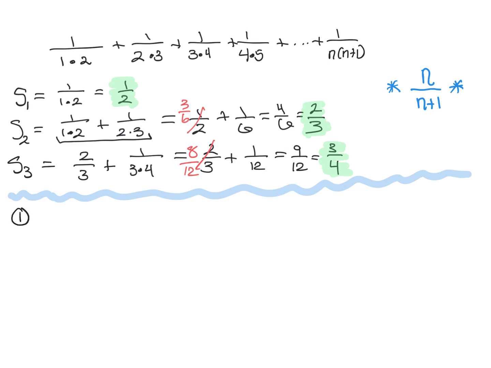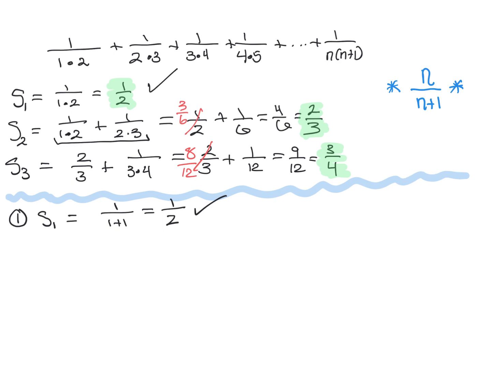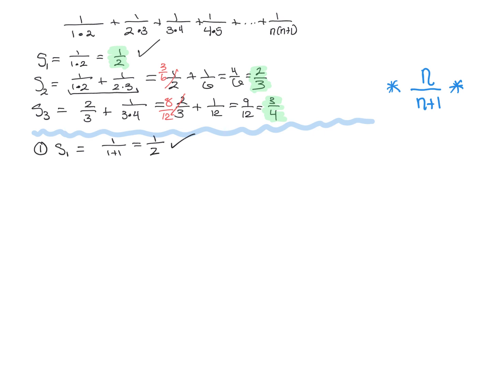So in step 1, I have to show that it's true for S sub 1. So S sub 1 would equal 1 over 1 plus 1, which equals 1 over 2, which is what we have right here. So that worked. Great. In step 2a, we assume this is going to be true for S sub k.